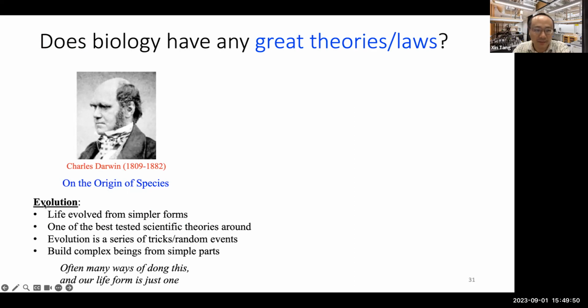Charles Darwin has the theory here. He said life evolved from simple form. This is one of the best tested scientific theories. Evolution is a series of tricks and random events built upon each other, and the process can build a complex being from simple parts. This is a correct biological theory.